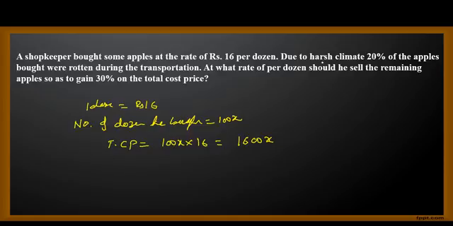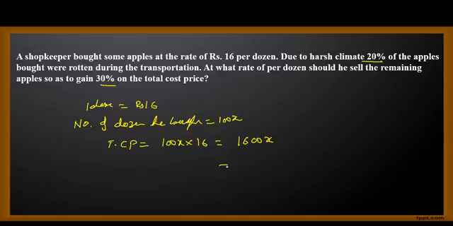Now, what is the point here? Due to harsh climate, 20% of apples bought were rotten during transportation. At what rate per dozen should he sell the remaining apples so as to gain 30% on the total cost price?